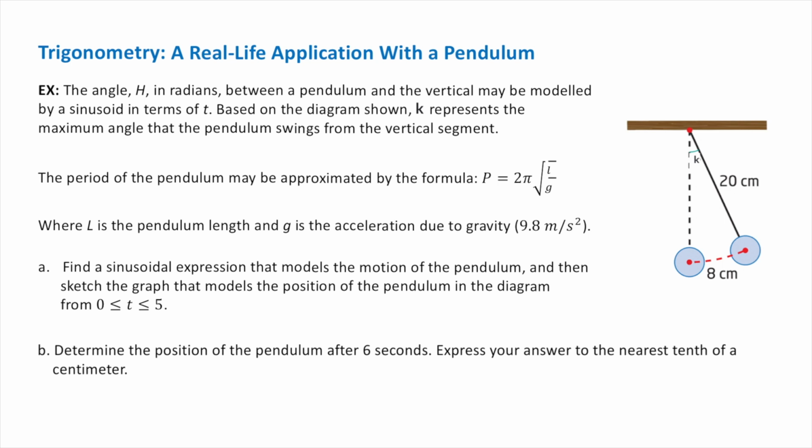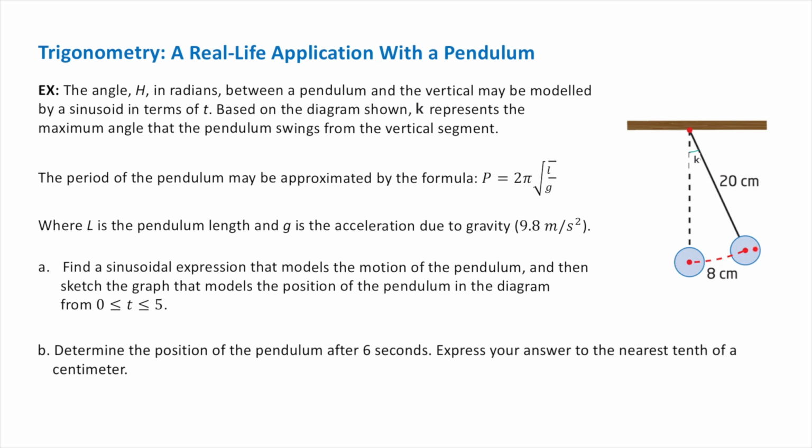So I see my pendulum here, right? So here is my pendulum right here. And this is the vertical that they're talking about, this dotted vertical line. Now, what is H? The angle H in radians between a pendulum and the vertical. So this pendulum is swinging back and forth, just like this.